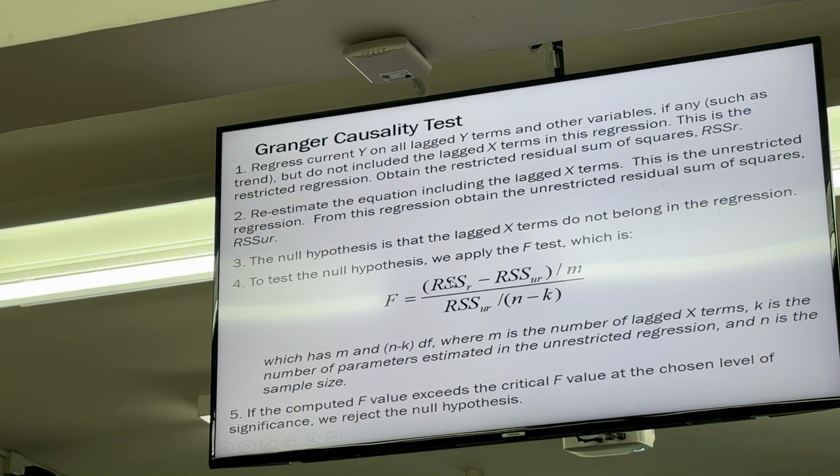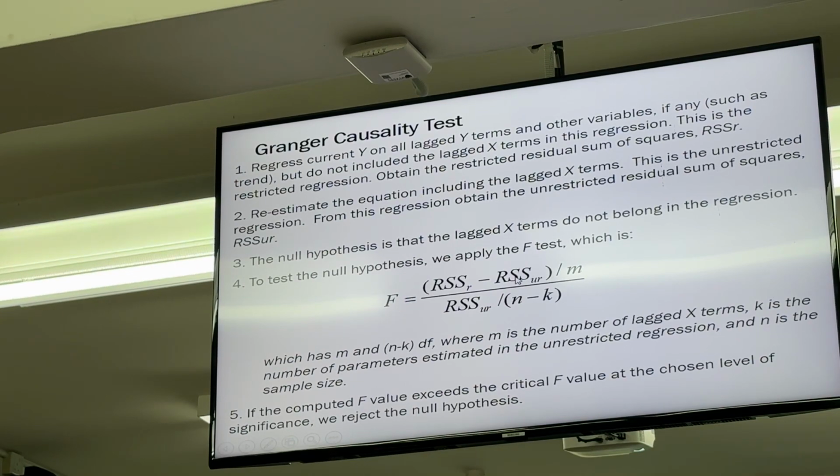After that, rerun the equation with all the information, the general model, with lag y and also lag x. This is called the unrestricted model. Unrestricted means you do not exclude the x. Then from this equation, obtain the residual sum of squares, and plug in here.